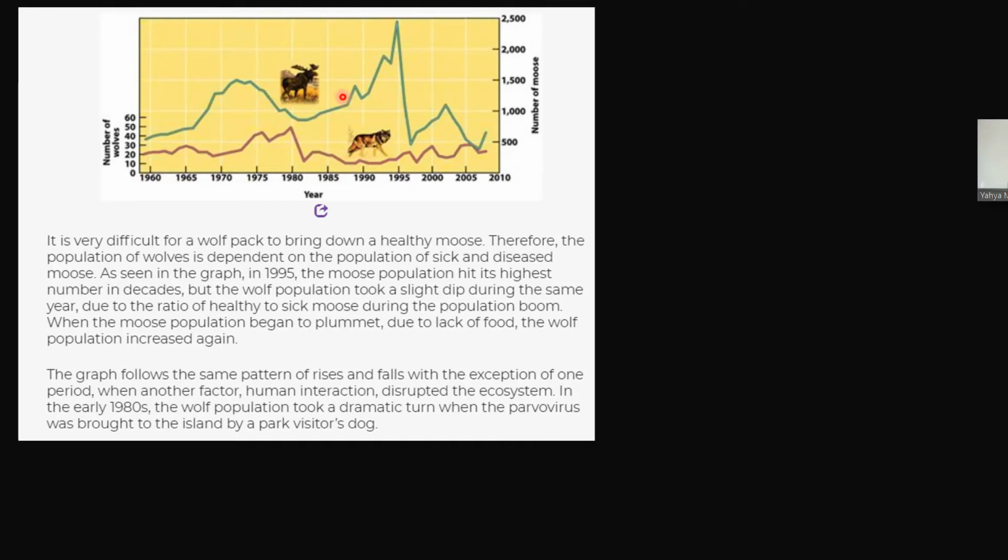So generally, if the prey population goes up, the predator population also goes up because there's more to eat. But maybe if all of these are very healthy moose, the wolves are not able to catch them very much, and so their population basically remains down here.